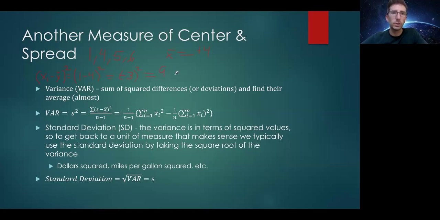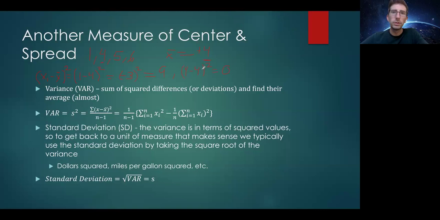So that's one value. If we do this again, now I take my next number, 4 minus 4. I'm taking this 4, subtracting it from our average, x bar, and I square that.